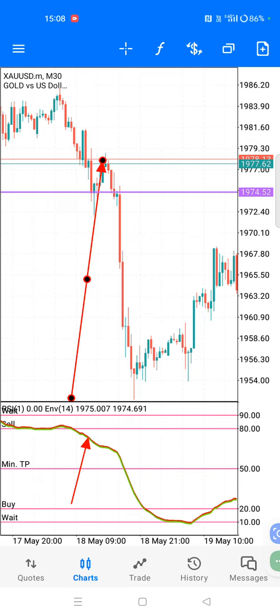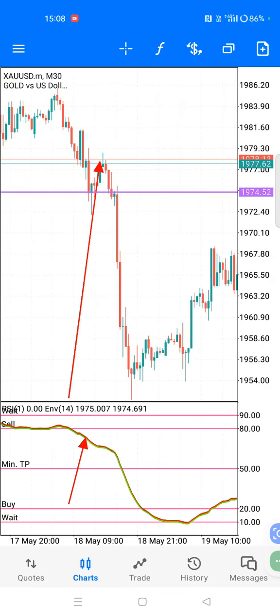Okay guys, remember, for whatever trade you take, you must have your stop loss. Let's say you deposited 100 US dollars, but then you didn't put your stop loss, and you know how volatile gold is.